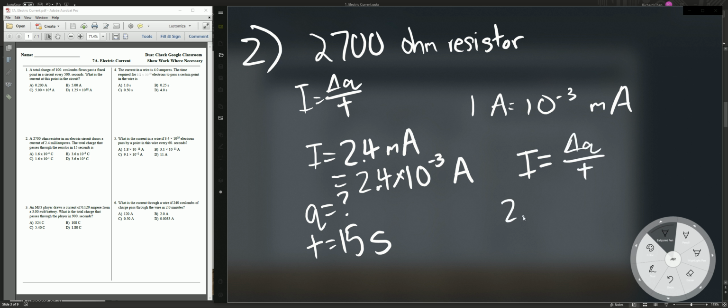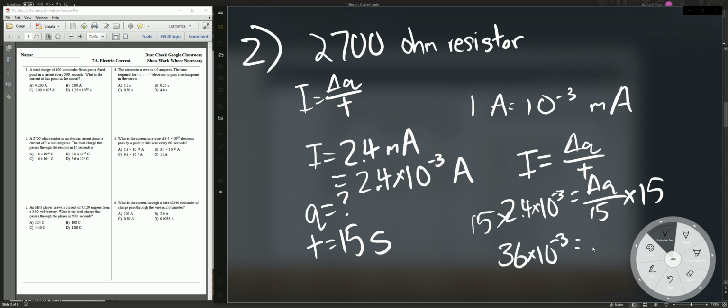I is 2.4 times 10 to the negative 3, equals delta Q over the time. Working it out, you get 36 times 10 to the negative 3 for your delta Q, which is 3.6 times 10 to the negative 2 coulombs. Is that an answer choice? Yes, it is. It's choice B.